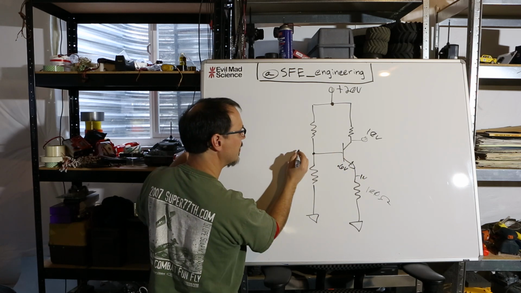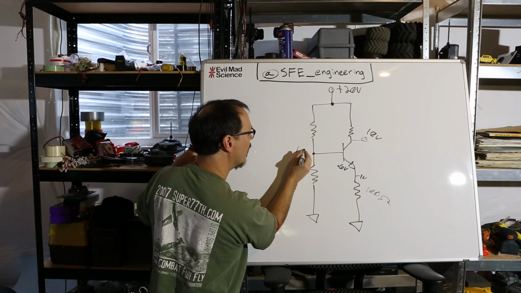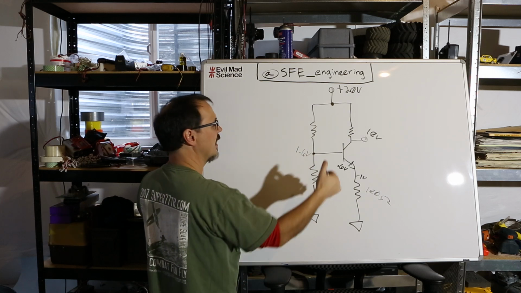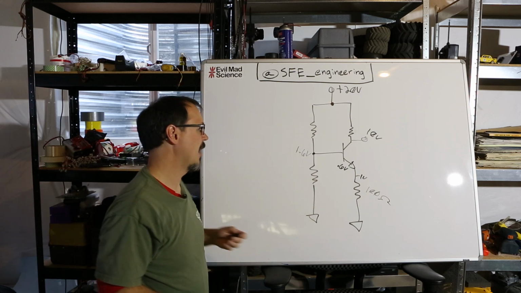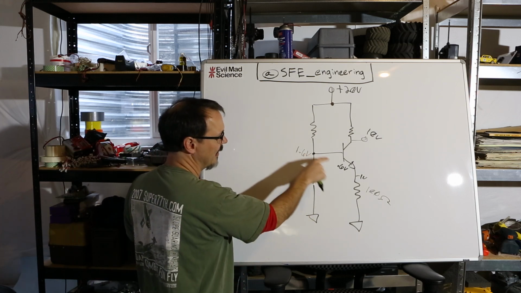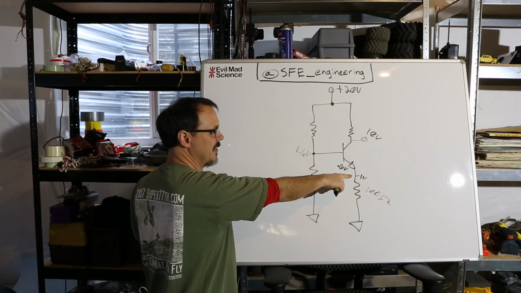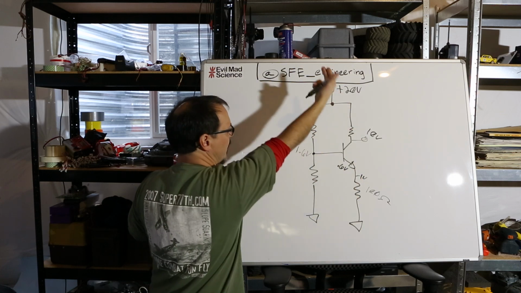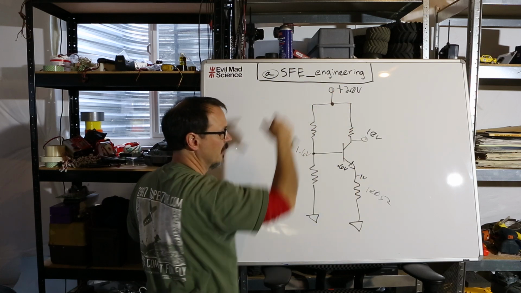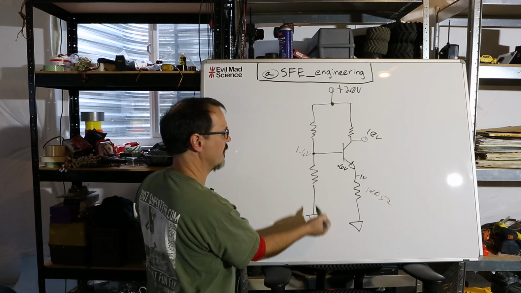So if that's the case, then I want to set this point at about 1.6 volts. And I need to set a resistor divider to get that value. And if I can achieve that, then I can guarantee a certain voltage across this guy, which means I can guarantee a certain amount of current through the emitter to collector. I'm setting up my bias voltage right here.